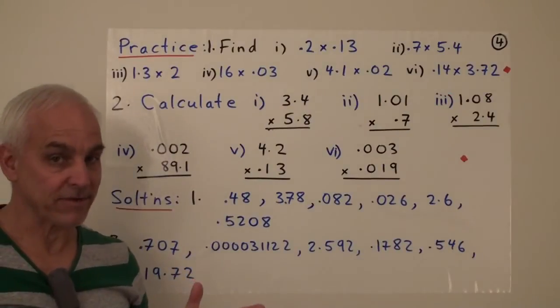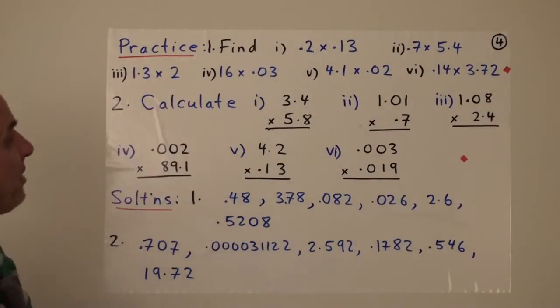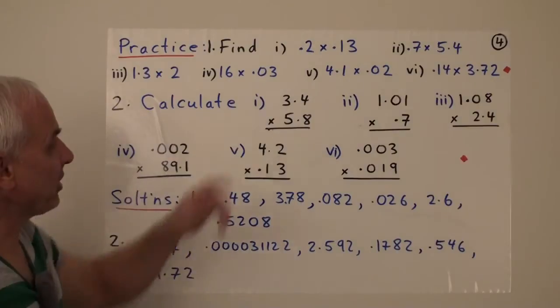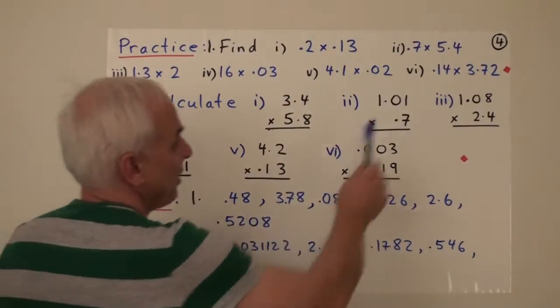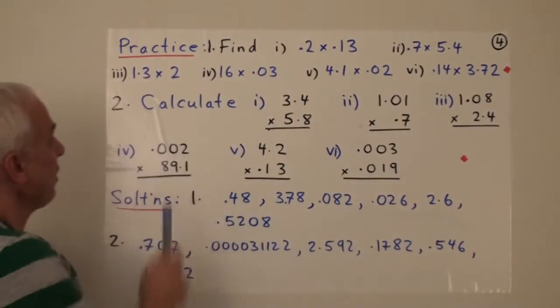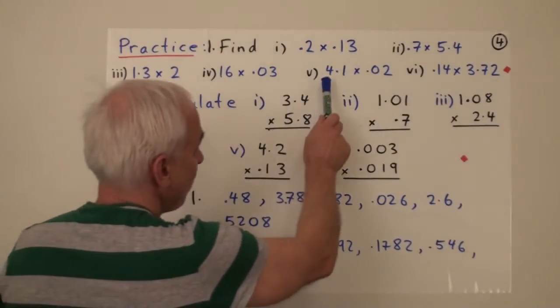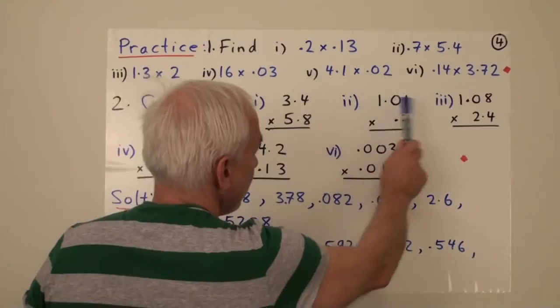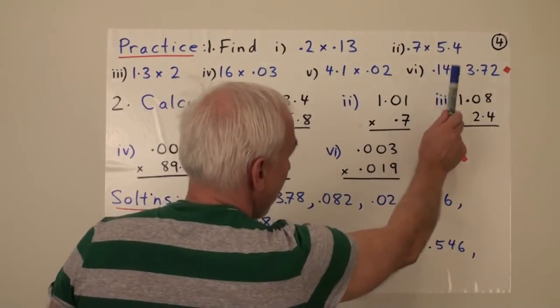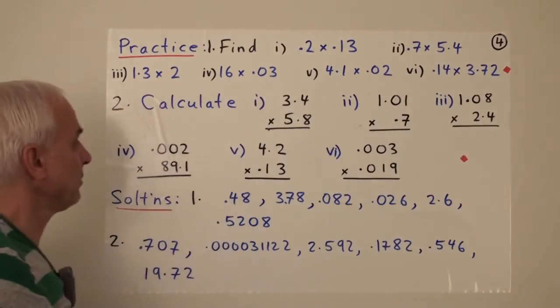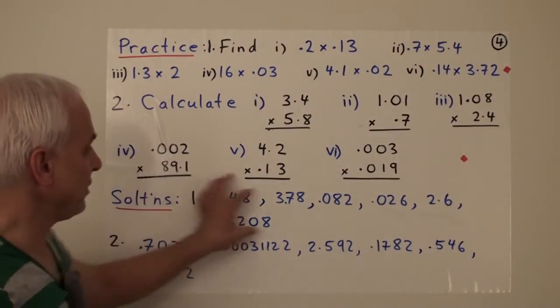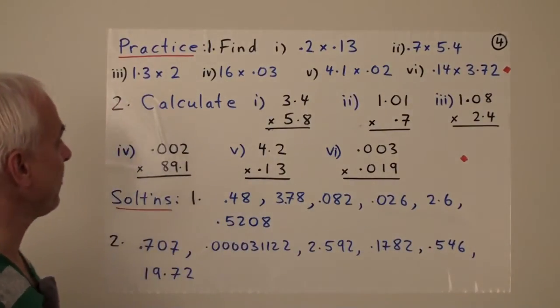Okay, so time for some practice. Problem 1: find the products 0.2 times 0.13, 0.7 times 5.4, 1.3 times 2, 16 times 0.03, 4.1 times 0.02, and 0.14 times 3.72. And the answers are somewhere in there.